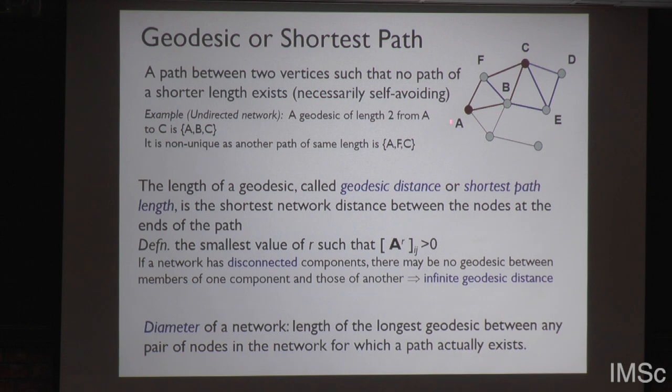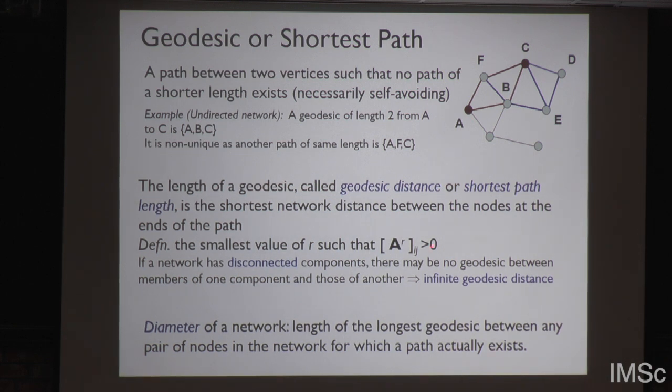So in this particular case, for example, for the shortest path, or the geodesic, from A to C, you could have something like ABC, which is of length 2, or you could have AFC, which is also of length 2. And so the shortest path length from A to C is 2.